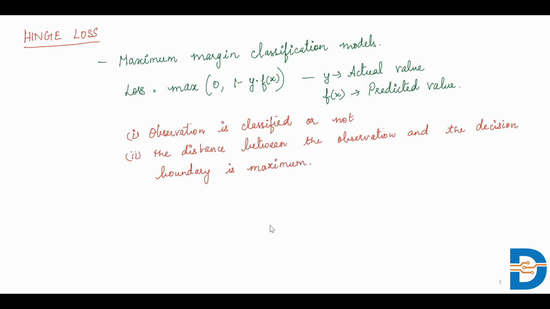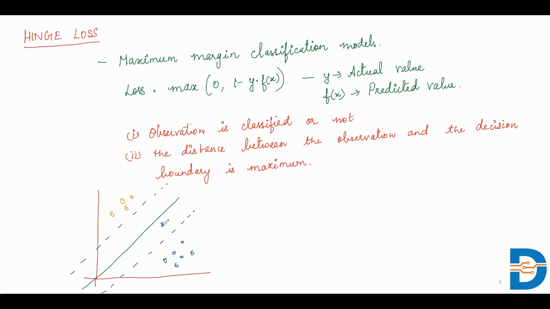What do I mean by this? Let's say we have a support vector classifier. This is the hyperplane we have, and let's assume these are the marginal lines. We have two different classes. Now assume there is a new data point here.